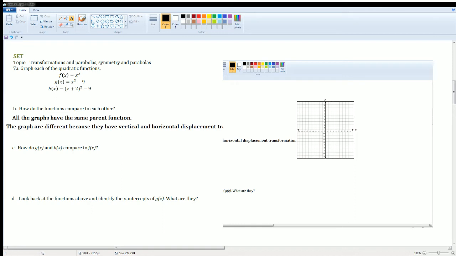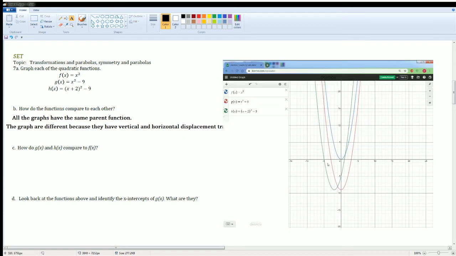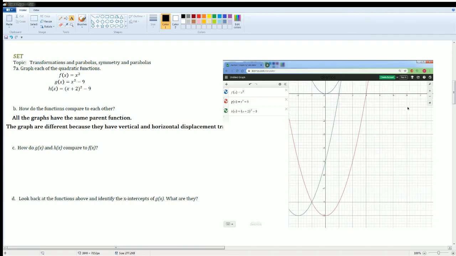The first one, it says, how is g of x, h of x compared to f of x? F of x is the original one. If we take a look, the original one is blue. To get to red, they had a vertical shift down, and to get green, which is h of x, they went down. Then they went to the left. You could look at the numerical values here.